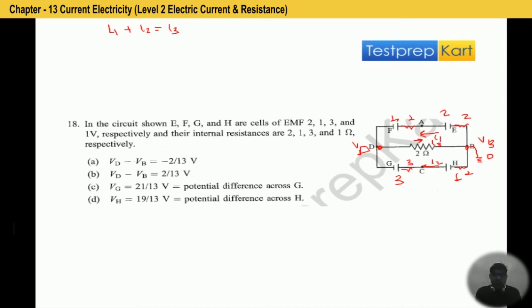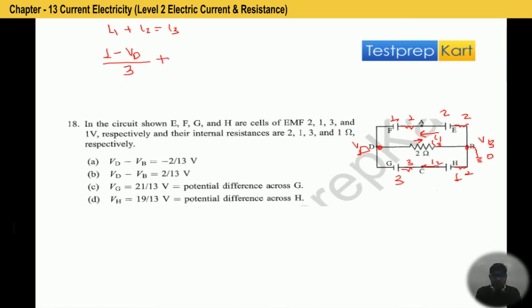Now what is I1? The potential difference in this branch, as two cells are connected in opposite polarity, is 2 minus 1 along the direction of current. So this is 1 minus VD divided by total resistance 3.